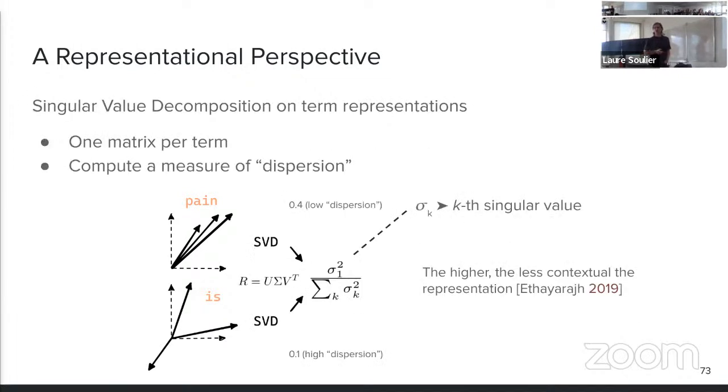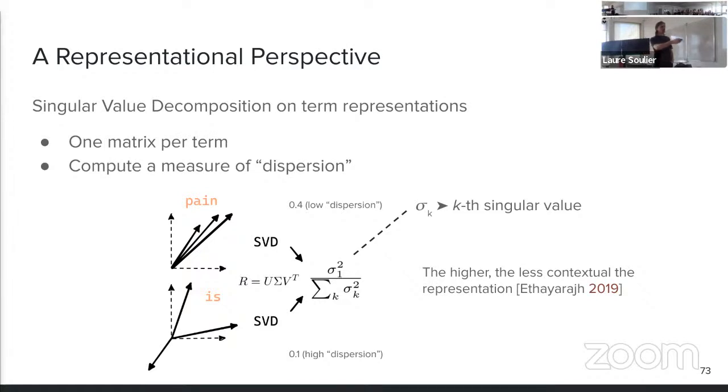To check this hypothesis, for every term in the TREC queries, we collect an ensemble of contextualized representations on the MS MARCO passages. So for each term we have a matrix, and we decompose these matrices with SVD. After that, we compute a measure of dispersion based on the singular values.